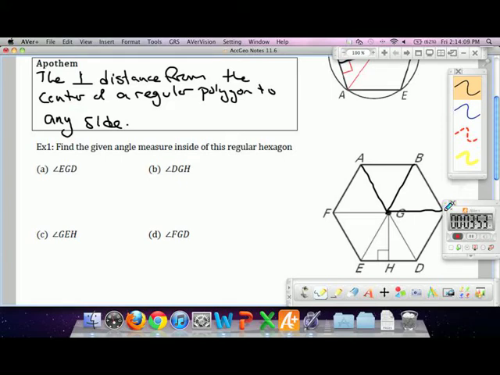If you add them all together, don't you get a full circle? That's 360. So there's 6 of them, and each of them should be exactly 60-degree wedges.